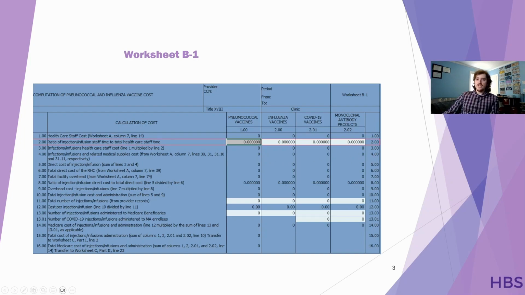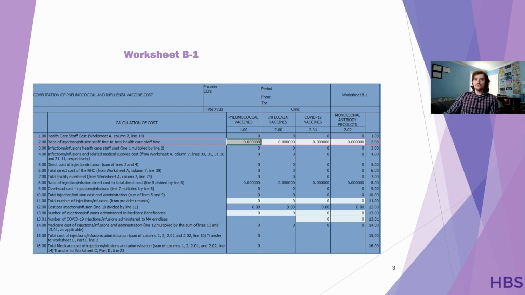Now, Worksheet B-1 is where the magic happens as it relates to vaccines on the cost report. Lines 1 through 3 calculate the labor cost associated with giving the vaccines. Then that amount is added to line 4, which is the materials cost that I mentioned earlier. Those are added together, and line 5 gives us that total direct cost of injections.